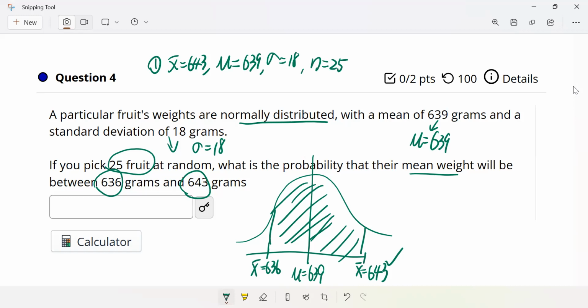So based on those four things, we can find the z-score. Sample mean minus population mean on top, over population standard deviation over square root of sample size. So 643 minus 639 goes on top, over 18 over square root of 25.